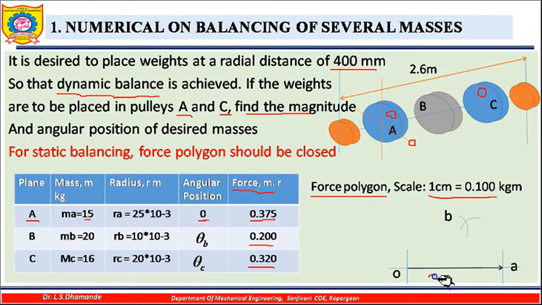Initially you have to draw this vector with 3.75 centimeters and represent it as the first vector, the force due to mass A, as O to A. Then the other two are 0.2 and 0.32 kilogram meter. With this scale, 2 centimeters will be the length of this vector and 3.2 centimeters will be the length of that vector.